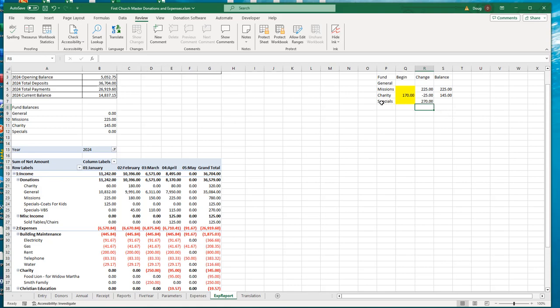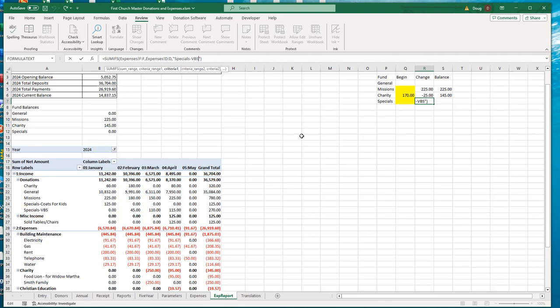So we could list here our specials, VBS, our specials, Code for Kids. So we could have a big list here of all of those details, and you're welcome to do that if you want to. However, there's a little trick we can use in Excel when you're doing this kind of a text lookup, a little trick that Excel gives us that I wanted to talk about.